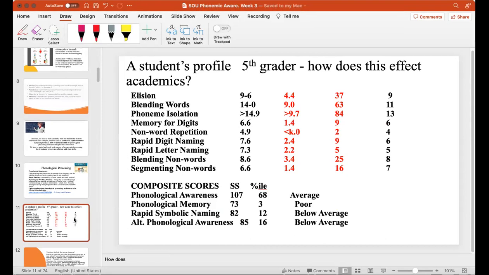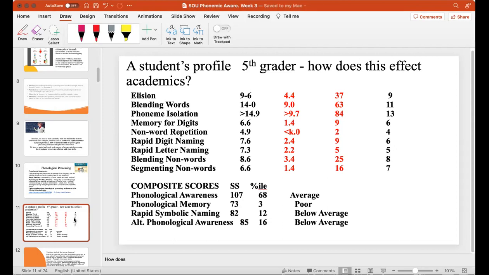I usually like to talk to parents and students about percentiles because it seems to make more sense. When I'm looking at a student of average intelligence, I want their scores to be hovering around 50th percentile. That's the statistical norm for any given age level.